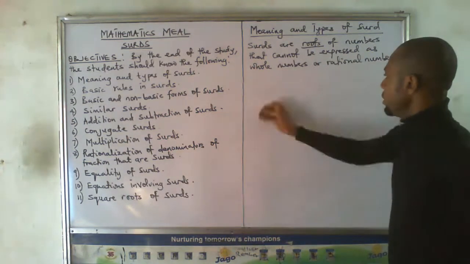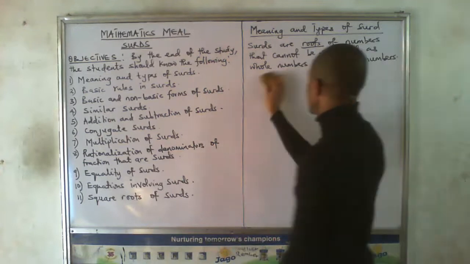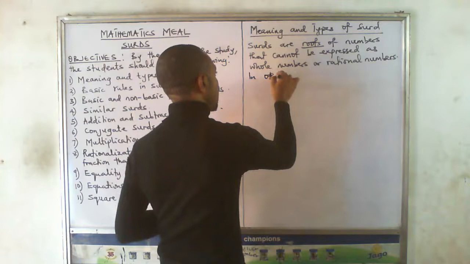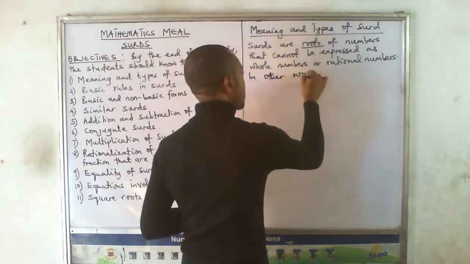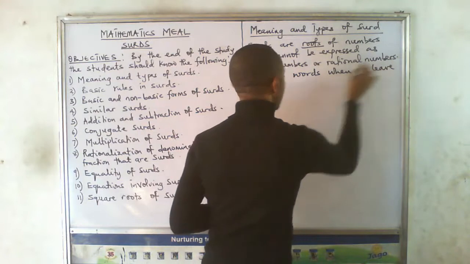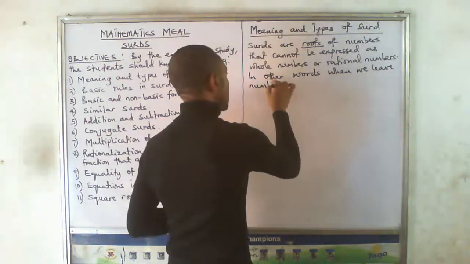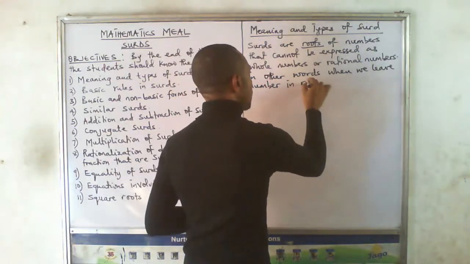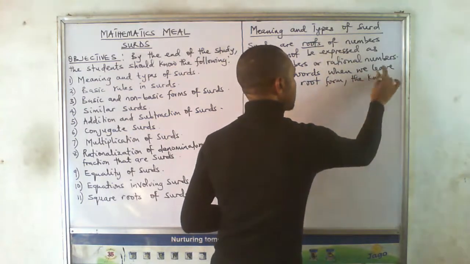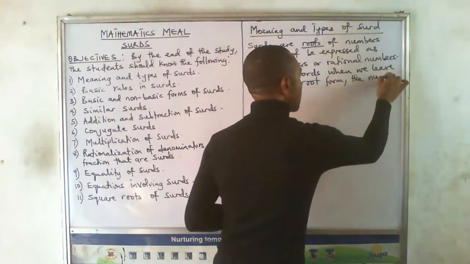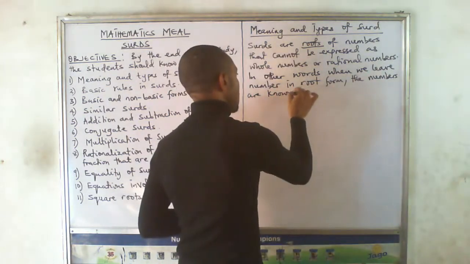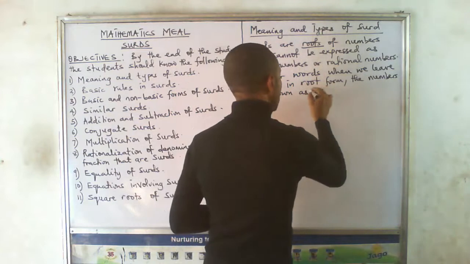So if we have this now, we can comfortably say, in other words, when we leave numbers in root form, the numbers are known as surds.